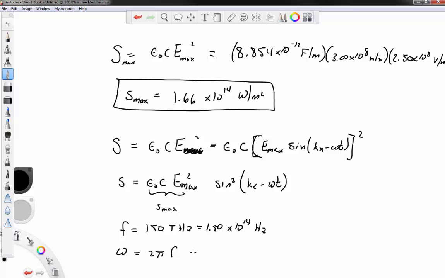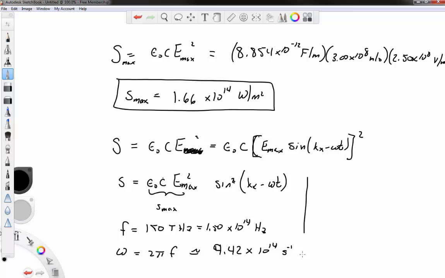Omega is equal to 2 pi times F, and so what that basically gives us is 9.4245 or whatever, 9.42 times 10 to the 14 inverse seconds.